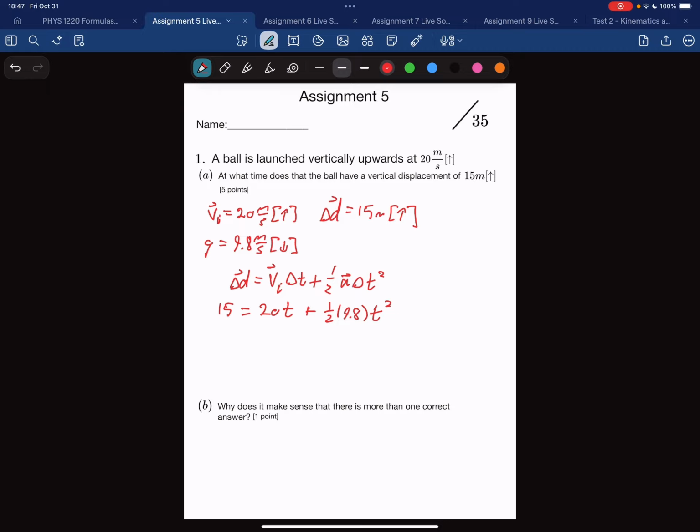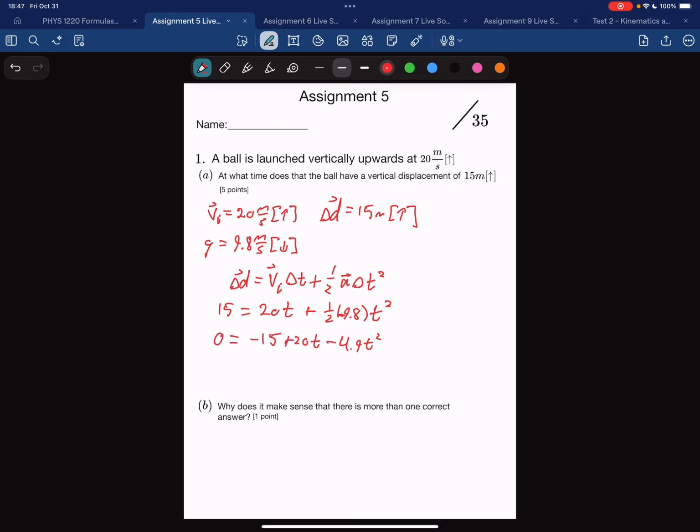I'm dropping the delta here just for simplicity. I'm going to move that 15 over. I'm going to get 0 equals negative 15 plus 20t plus, sorry, I should have a negative here. Acceleration due to gravity works in the opposite direction as the initial velocity here. It's downwards, so I need to have a negative, so that will become negative 4.9 t squared.